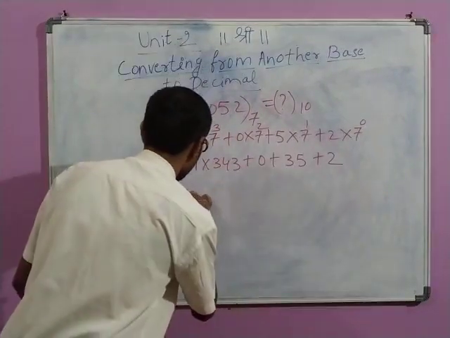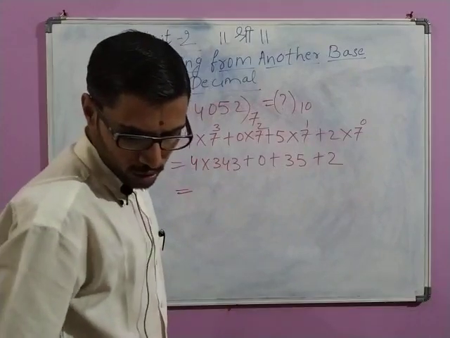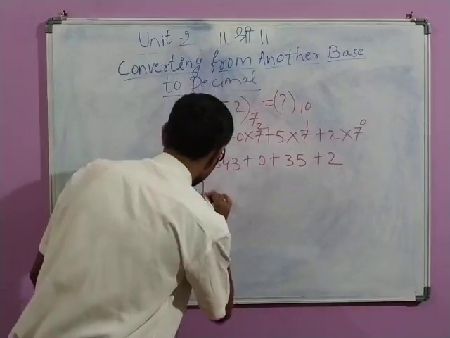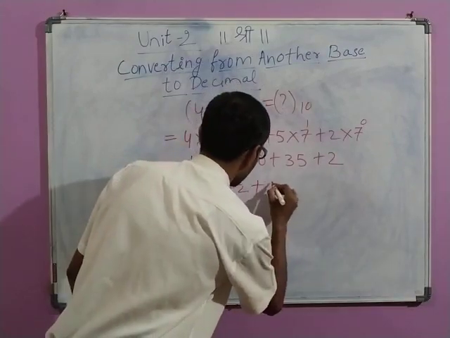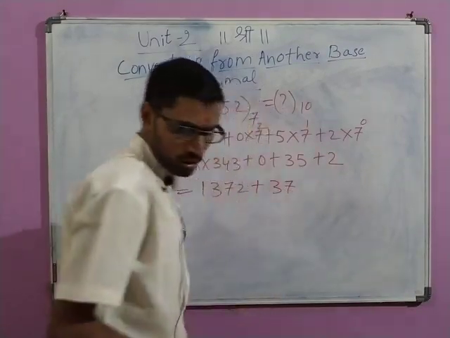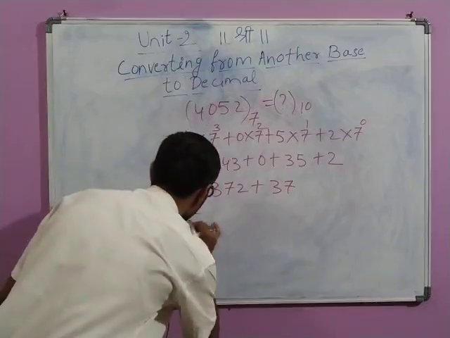So 343 into 4 comes out to be 1372, 1372 plus 37. So the final answer will be 1409.